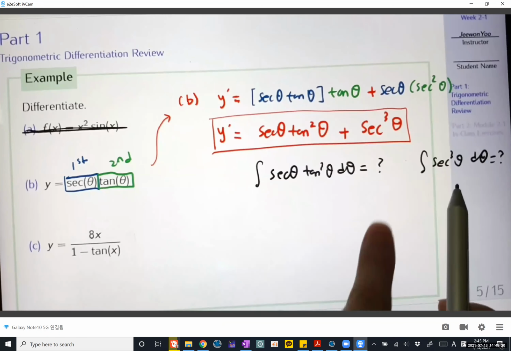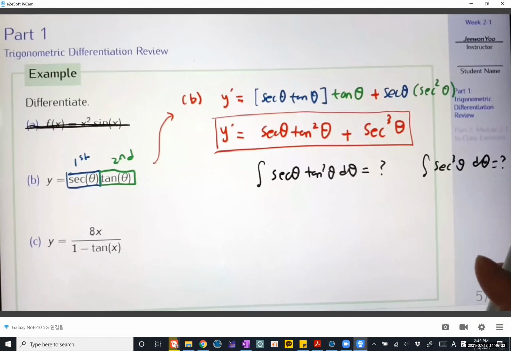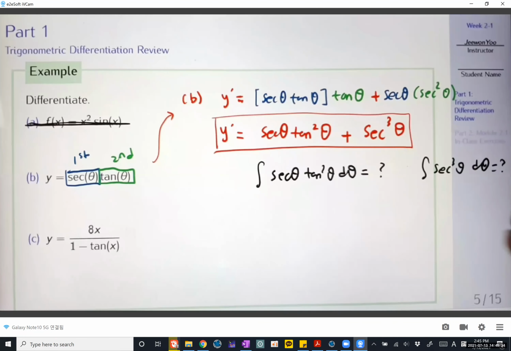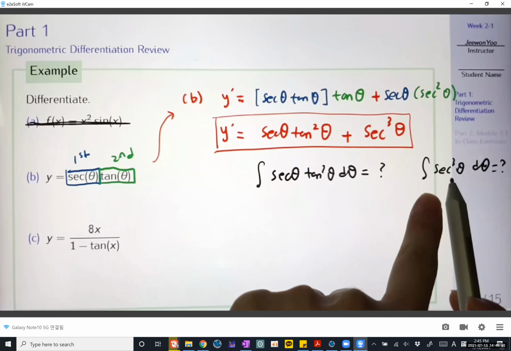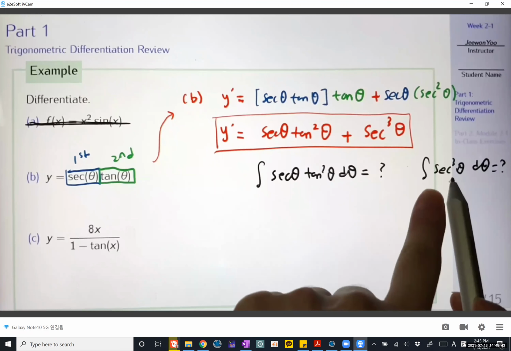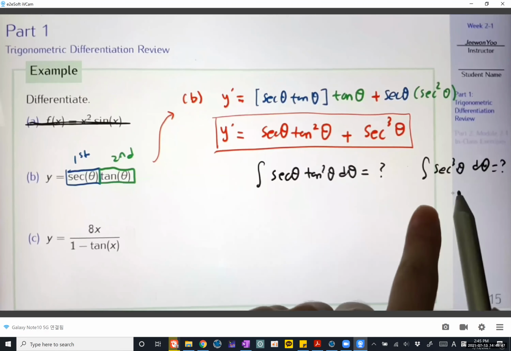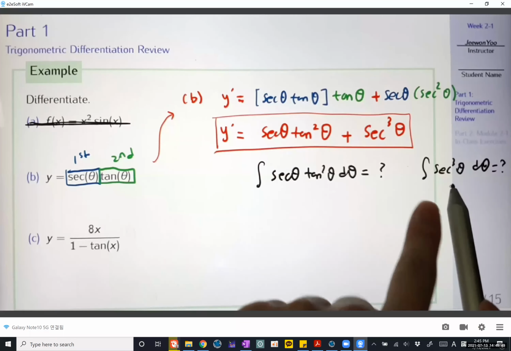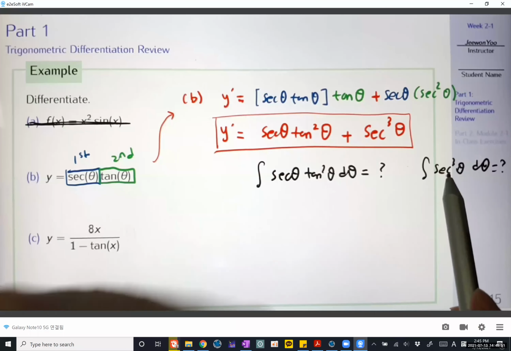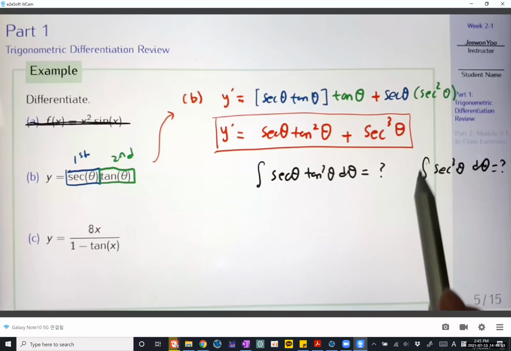Everyone, this is what we're going to do in the future. If I tell you the future in advance, secant cube theta d theta looks easy, but it's not. I'm going to teach you once in this term, but it's going to be a very long process to get the answer. This one is not so bad.